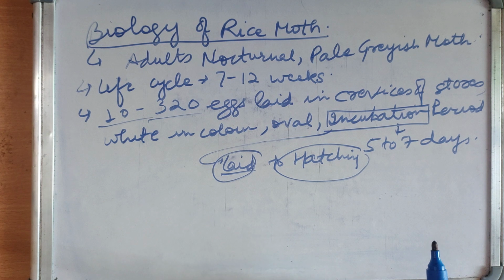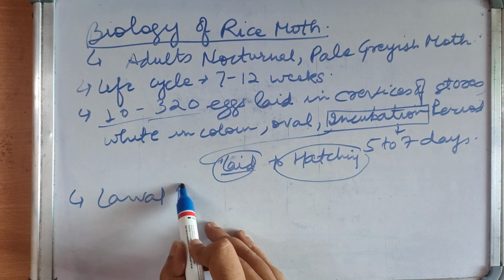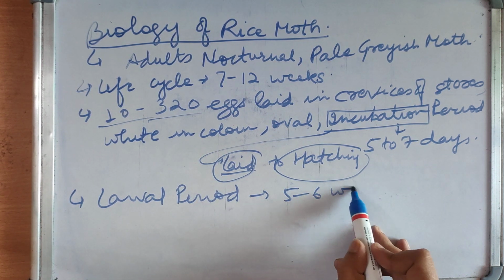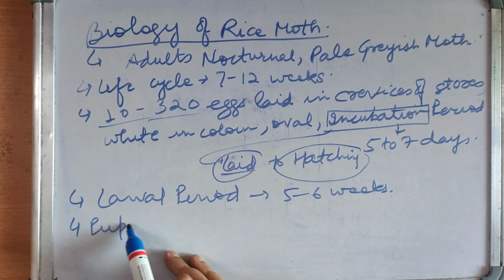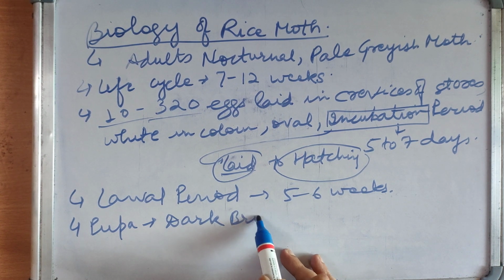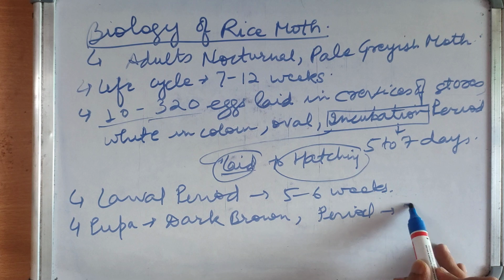It is 5 to 7 days. Larval period, that is the period they remain in the larva stage, is 5 to 6 weeks. Its pupa is dark brown, and the pupal period is 7 to 10 days.